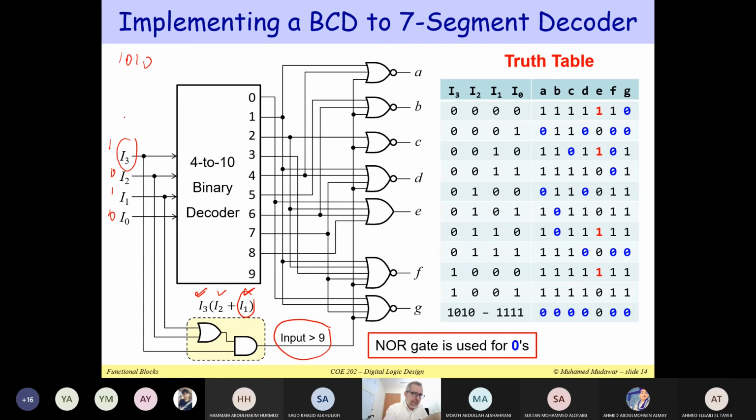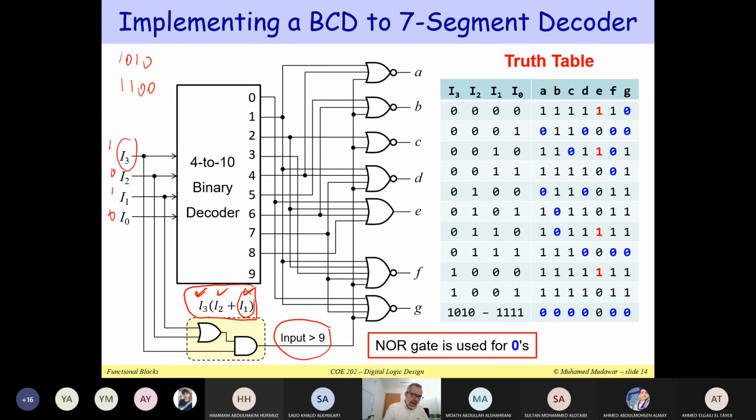If you have, let us say, 1, 1, 0, 0, it means actually 12, 13, 14, or 15. So you have here I3 and I2 equal to 1. So this simple equation can detect if the input is greater than 9.